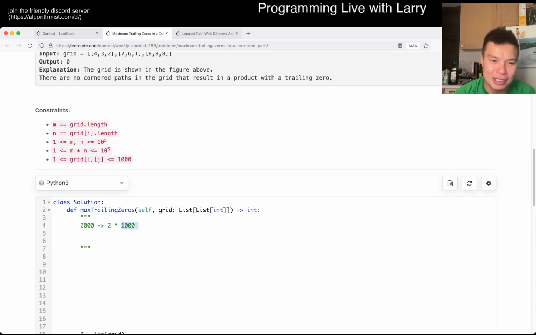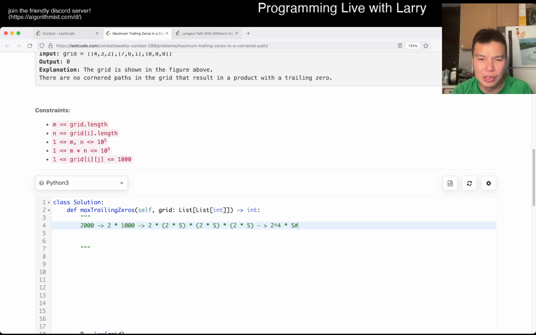Breaking down the 1,000, obviously 1,000 is equal to 2 times 5 times 2 times 5 times 2 times 5. So another way of saying this is that a given number, like 2,000, has 2 to the 4th times 5 to the 3rd.